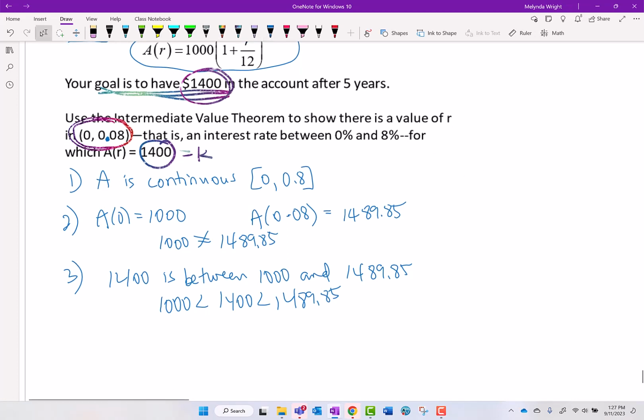So since the hypothesis of the intermediate value theorem is true, that means the conclusion is also true.